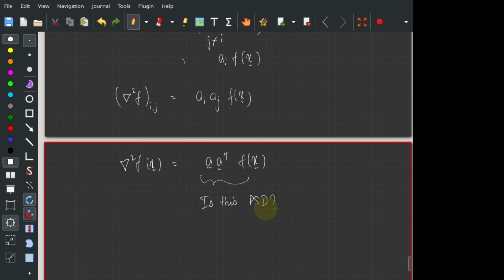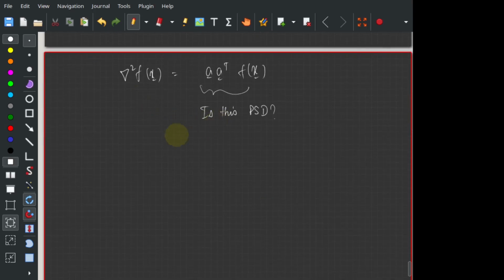Is this a positive semi-definite matrix? It is, right? Simply because if you look at y transpose times A A transpose f of x times y, then this is just y transpose A the whole squared times f of x.